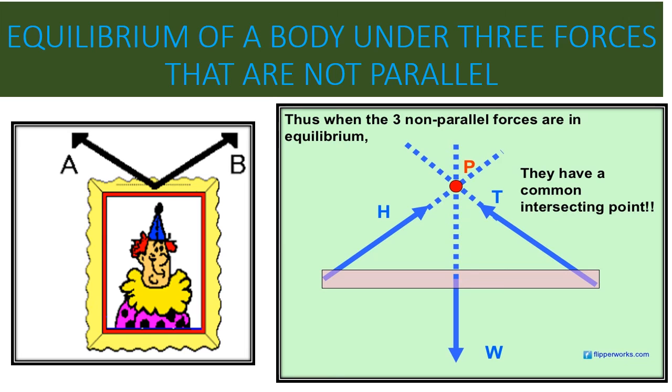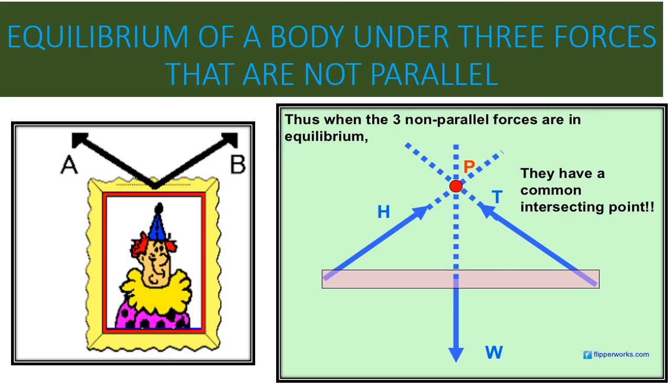You can see that if the two forces are not acting parallel, that means the forces acting on the two strings should meet at a common point. You can see that common point in the second picture, which is known as the intersecting point.